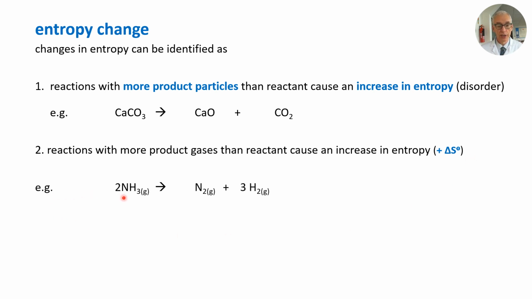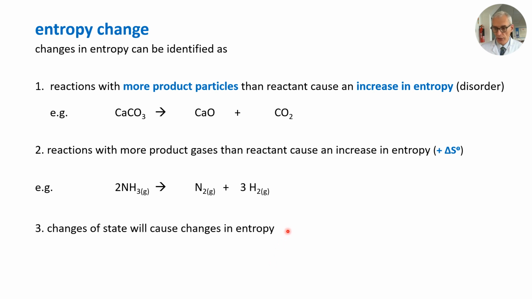So if we look at the decomposition of 2 moles of ammonia to form 1 mole of nitrogen and 3 moles of hydrogen, all in the gaseous state, then we have got 2 moles of gas on the reactant side and 4 moles of gas on the product side as written. So that, of course, means we have an increase in entropy, a positive delta S value.